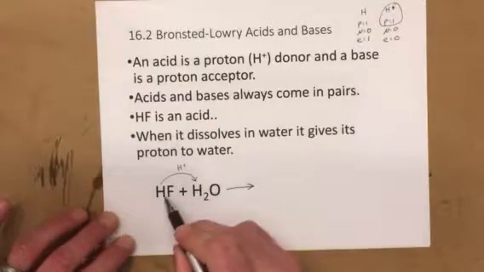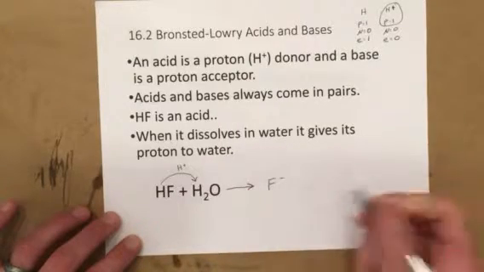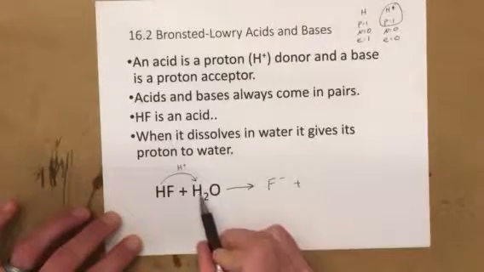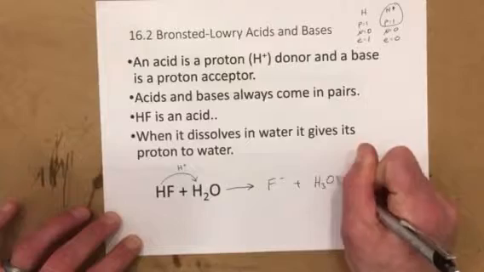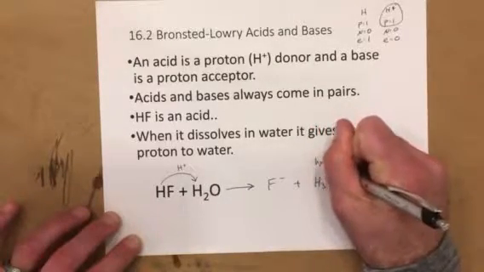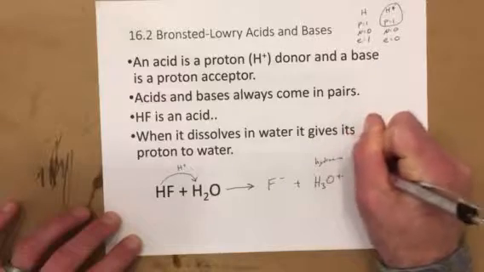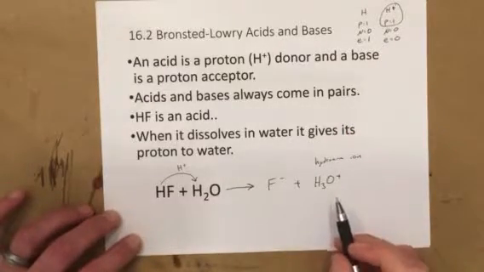The result is that you have the fluoride ion left by itself, and then water gains another hydrogen. So it's H3O, and it has a +1 charge. This is called the hydronium ion. So H3O plus is called the hydronium ion. We'll see that quite a bit.